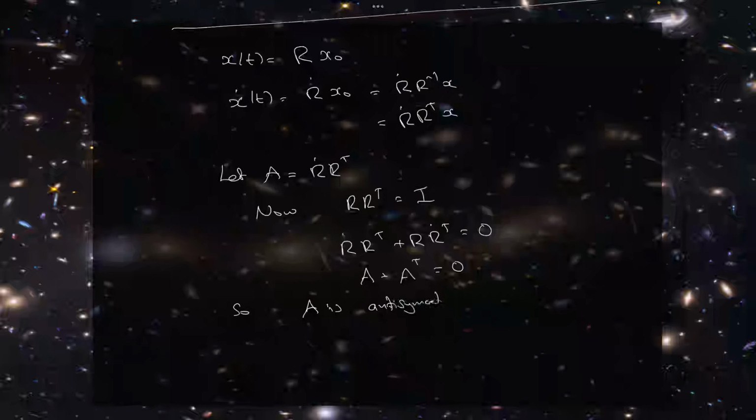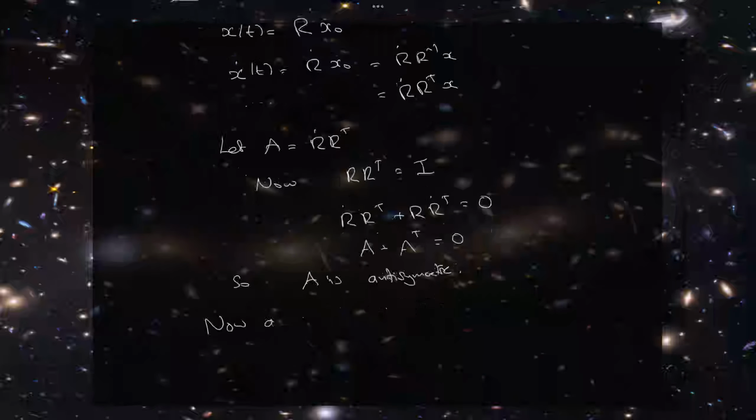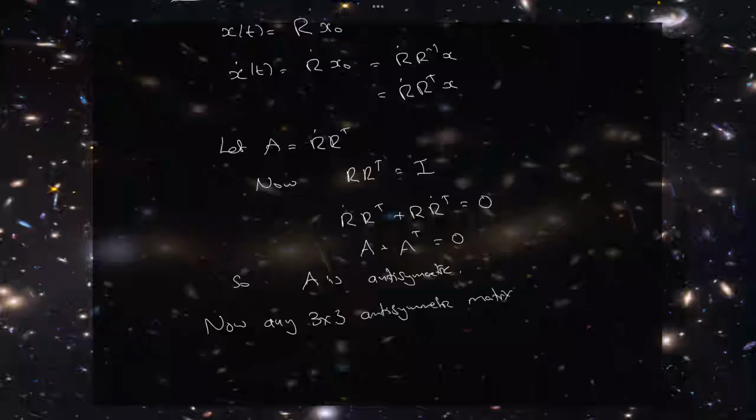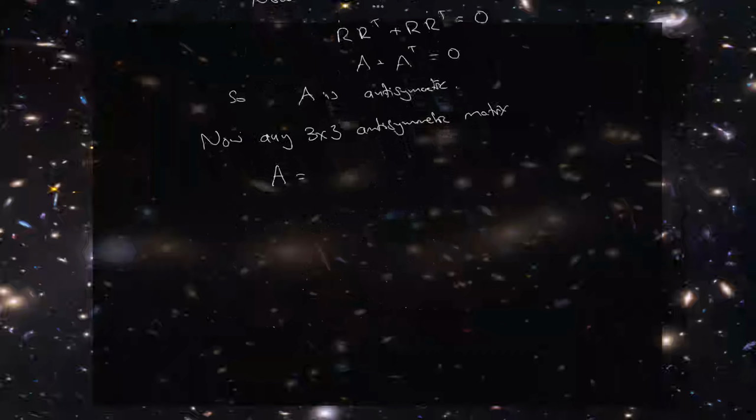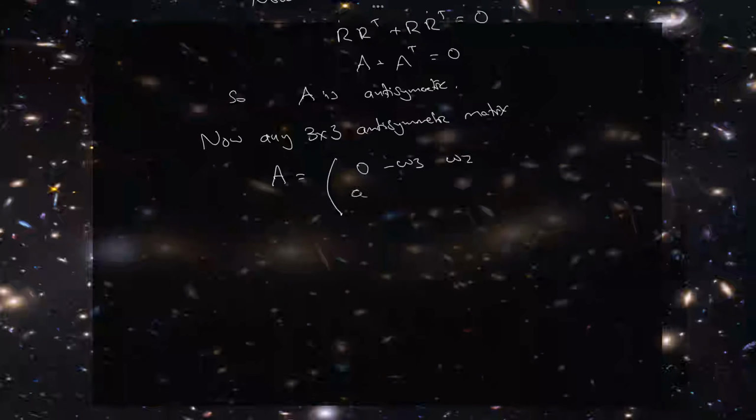So A is antisymmetric. Now any 3 by 3 antisymmetric matrix can be written as A equals (0, minus omega 3, omega 2), (omega 3, 0, minus omega 1), (minus omega 2, omega 1, 0).